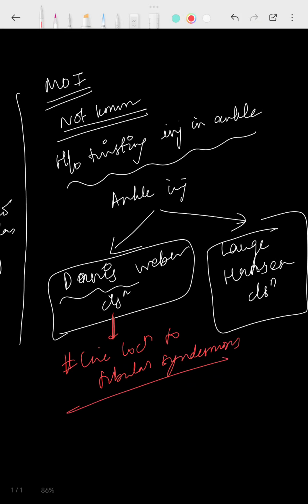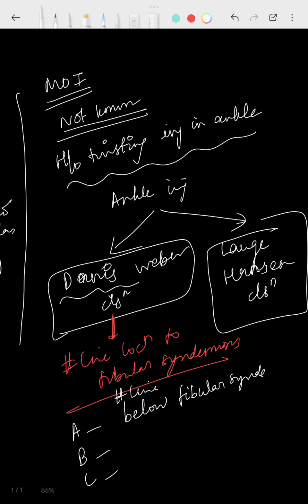Basically ABC: A is below, where the fracture line is below the fibular syndesmosis; B is at the level; and C is above the fibular syndesmosis.